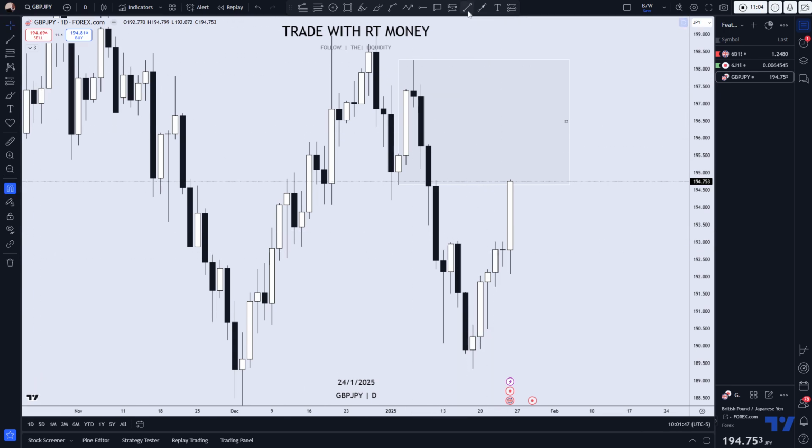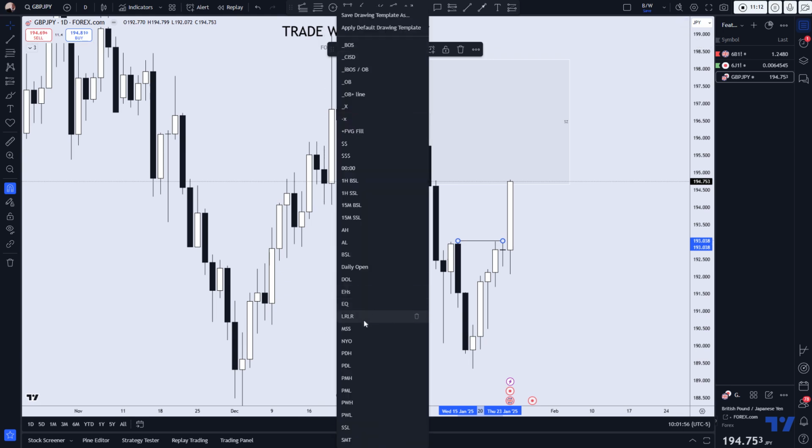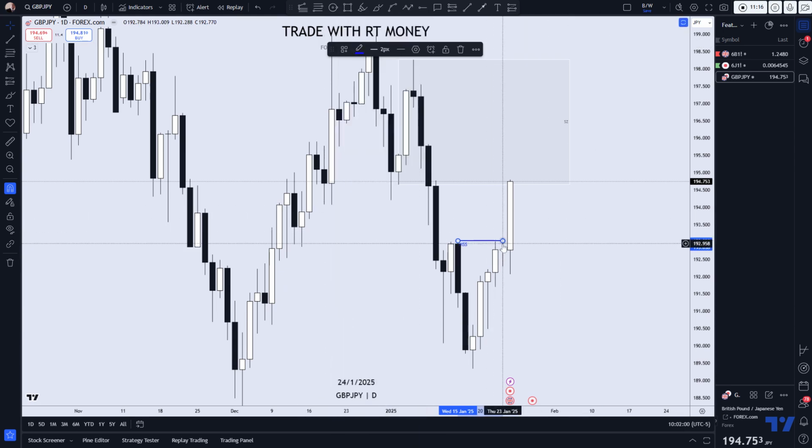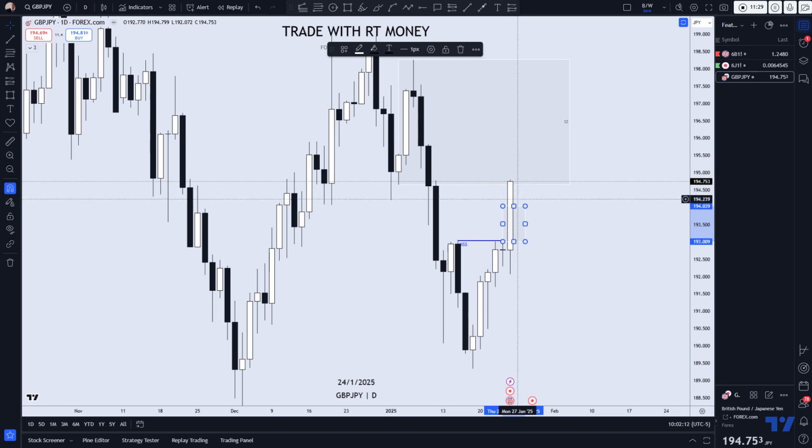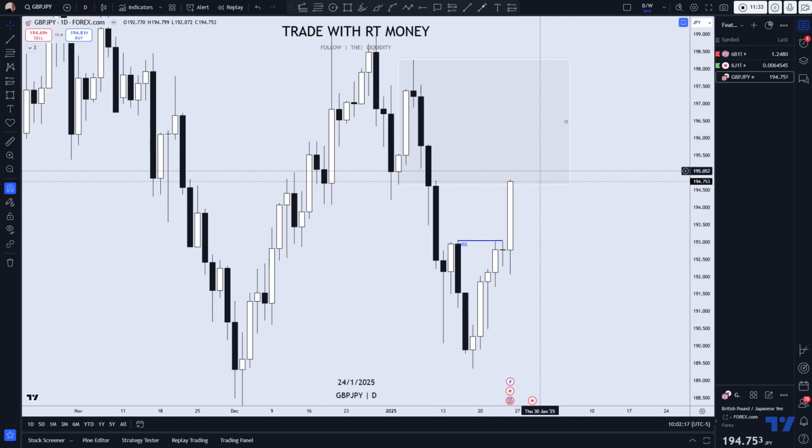If you have your market structure shift here, let's label that. Where's my market structure shift? You put your market structure shift here, and you say, okay, price is heading up. Where is it going to pull back to? Again, we're looking for a fair value gap to develop here so that price could use it to bounce higher.